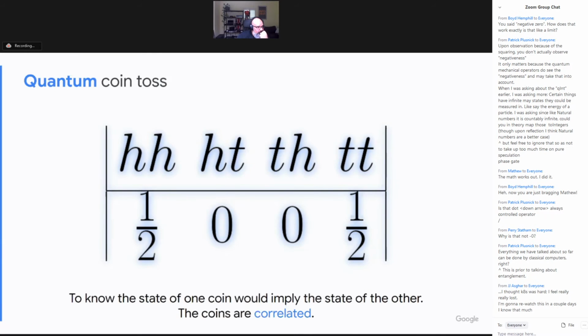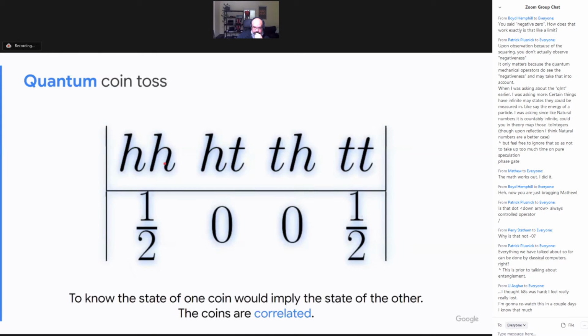Let's say you see heads. Now, what's the second one going to be? Well, we know that we're in either of these two states, and this state has a 0% chance of happening. This means that when you see heads with your first coin, you're guaranteed to see heads with the second coin. They're correlated.